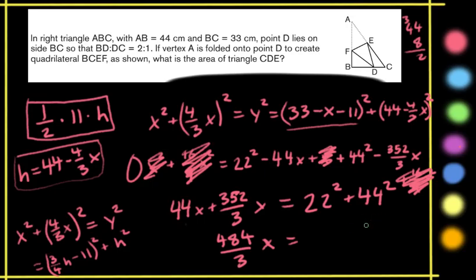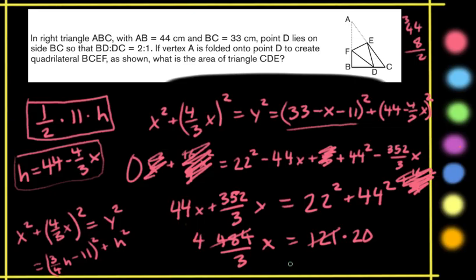How many 11 squareds is it? Because I know 11 squared is 121. So I have 121 times, this will be 4 plus 16, which is 20. So that should be 121 times 20. Oh, look, this 44 and this 121 are going to cancel really nicely. So that's going to give me 4 over here.